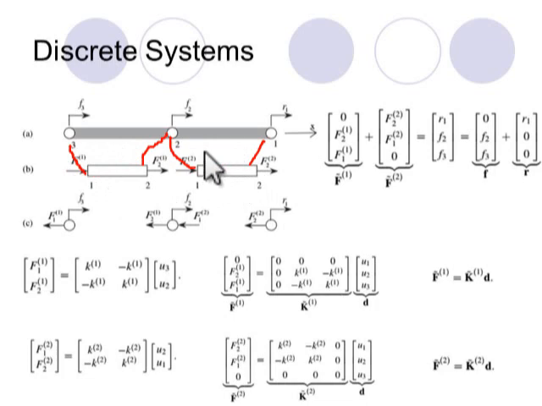Now I'm discretizing the problem in order to form the elemental equations. Now I have forces acting on each element. Certainly the sum of the forces has to be equal to 0. So some of the internal forces have to be equilibrated by the external forces, right? This is what it means.